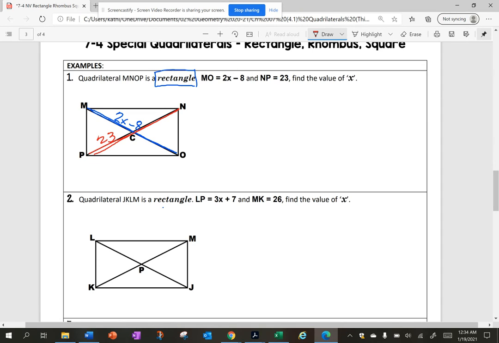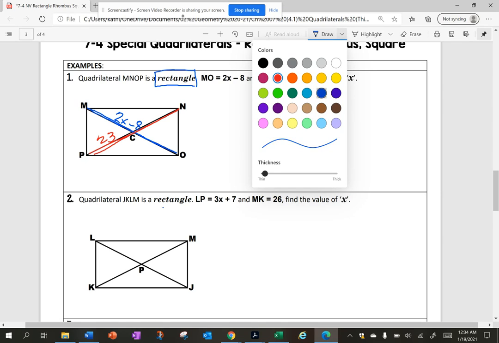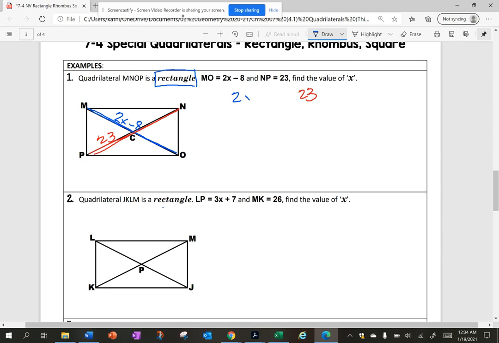Since it says I have a rectangle, I know the diagonals are congruent. So I can set up my equation: 2x minus 8 equals 23, because the word diagonal tells me they're congruent. Solving for x, I'm going to add 8 to both sides, adding the inverse.